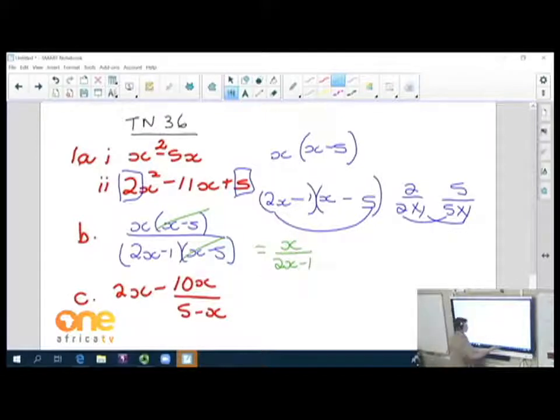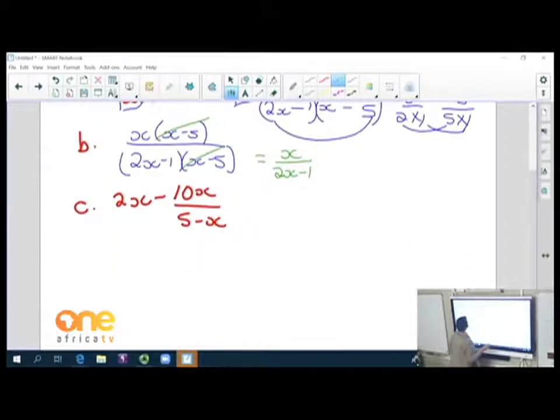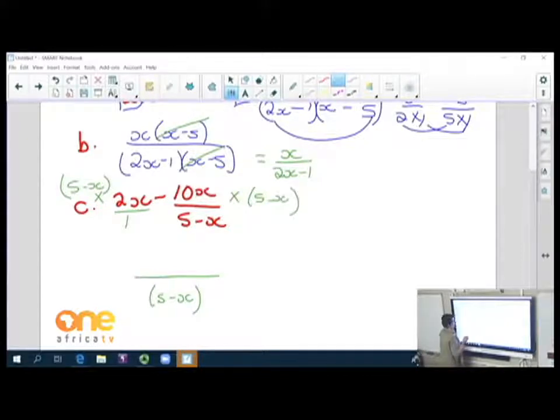Question C. So remember, this is a whole number. That's not your LCM. This is your LCM. So the LCM will be 5 minus x. So I multiply with 5 minus x, and I multiply here with 5 minus x. So here I can't cancel.